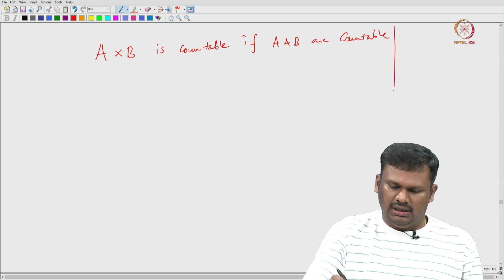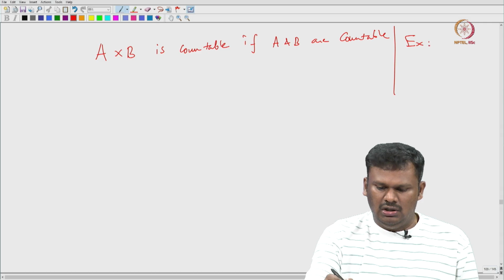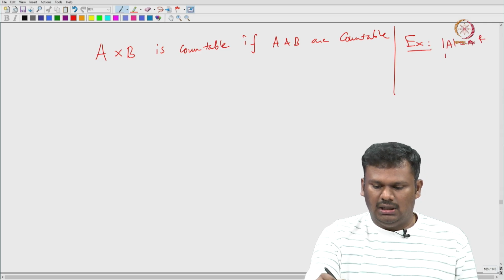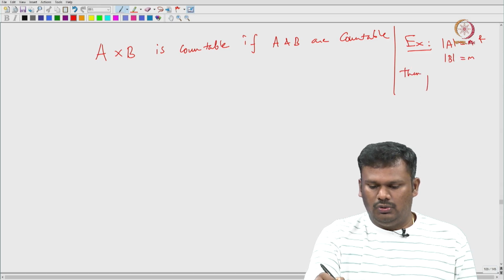Maybe you can take it as an exercise. Suppose cardinality of A is n and cardinality of B is m, then you can prove that cardinality of A cross B is n times m. Okay.